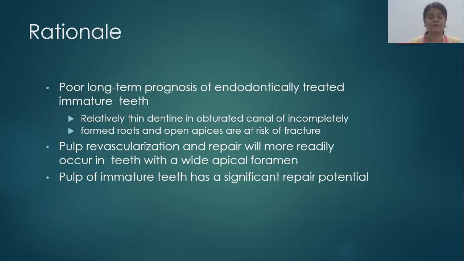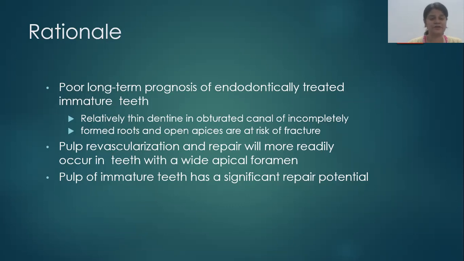Poor long-term prognosis of endodontically treated immature teeth leads to relatively thin dentin in the obturated canal in incompletely formed roots, and open apices are at risk of fracture. Pulp revascularization and repair will more readily occur in teeth with a wide apical foramen.